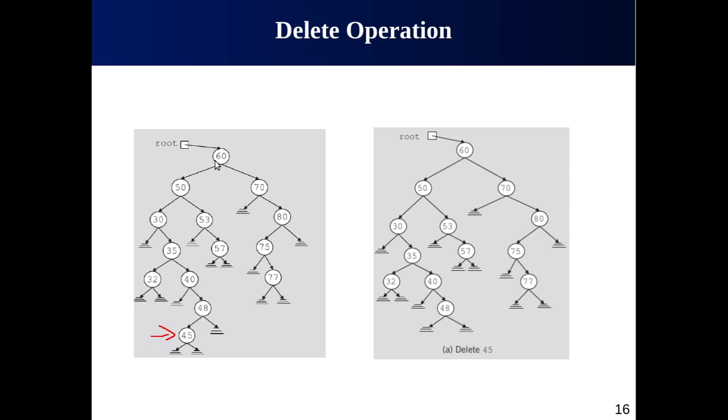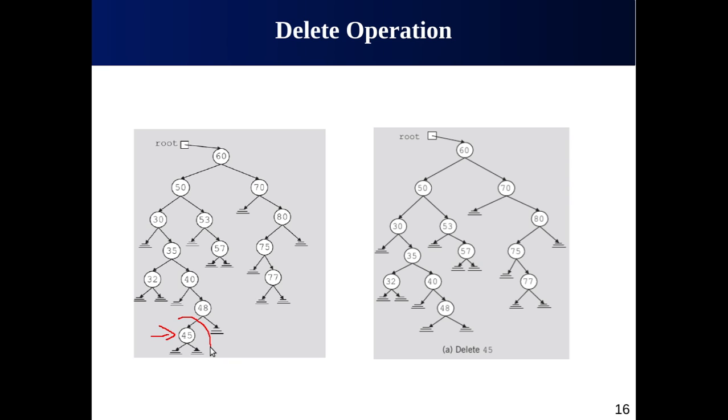So we compare it with the root node, 45 is less, compare with 50, is less, compare with 30, is greater, compare with 35, greater, compare with 40, greater, compare with 48, oh, it's less, come here, then we find it.